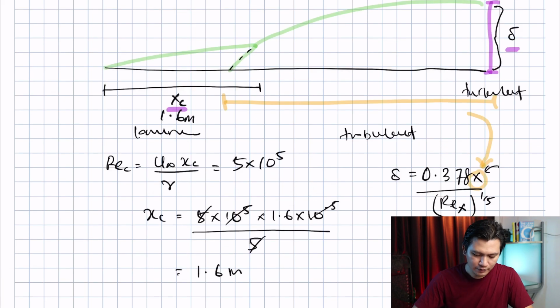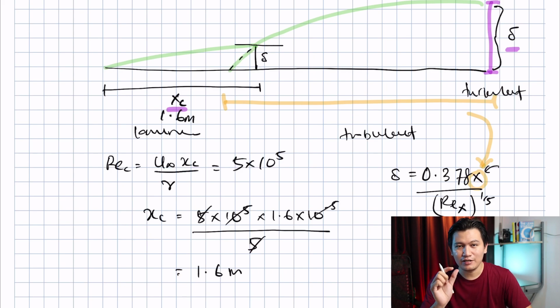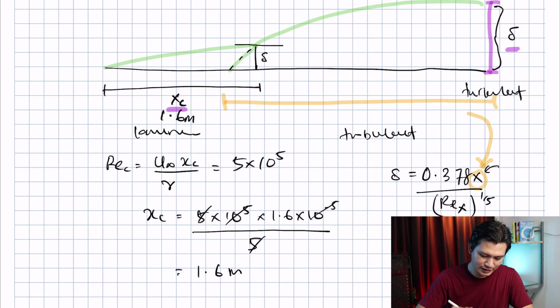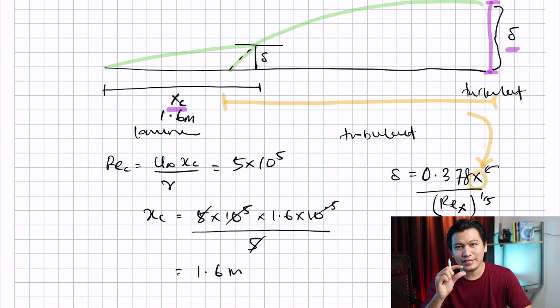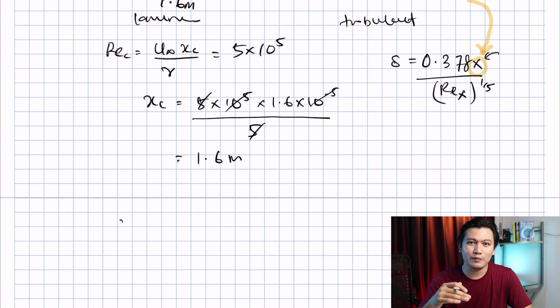Okay, and now that we know this is the del at that point. Okay, so at xc, this is the del, and this is the del for both laminar and turbulent. Okay, and when we know xc, meaning that we can find the del because we already have x. So to find the del for laminar, we're going to take a look at our previous notes.